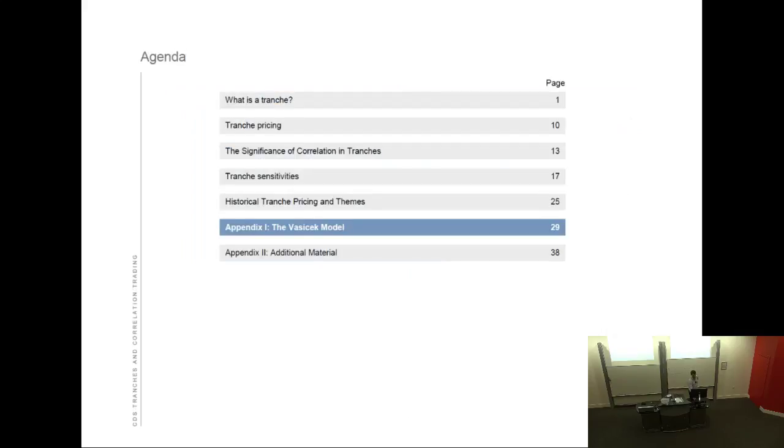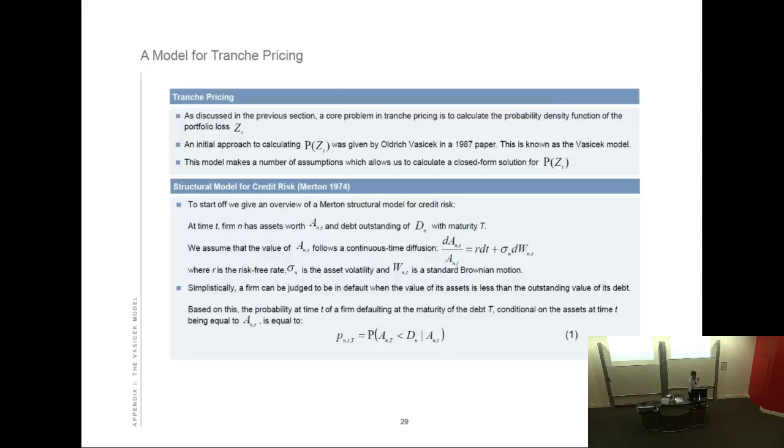Okay, but now let's get into some maths, because it's Friday evening, and that's what you do. Okay, so tranche pricing. We still haven't really discussed how we could mathematically, or let's say in a spreadsheet, really from first principles come up with some toy models for a tranche price. So we're going to try to do that now.